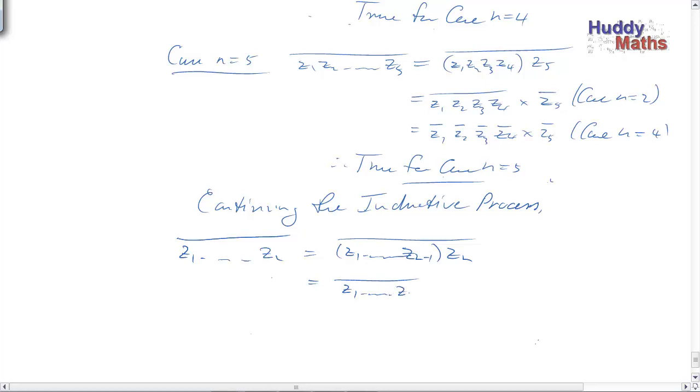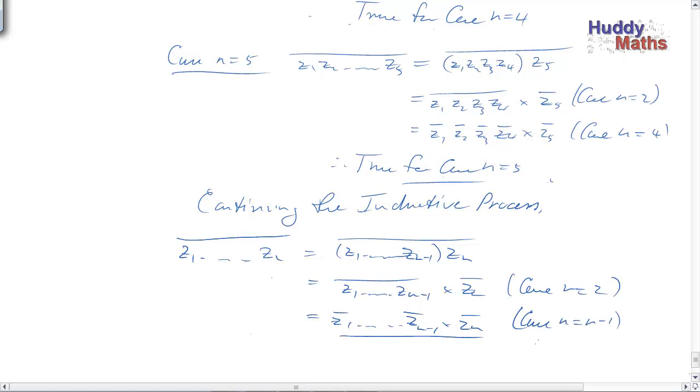Alright, there's the inductive step again, times that one, case n equals 2, which is therefore equal to conjugate of Z up to conjugate of Zn take 1 times Zn, preceding case, case n equals n take 1.